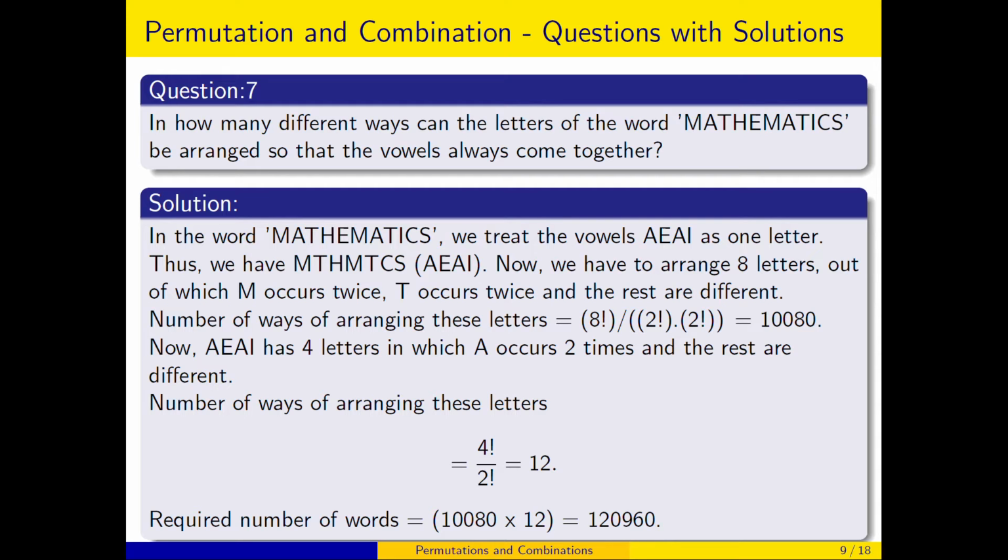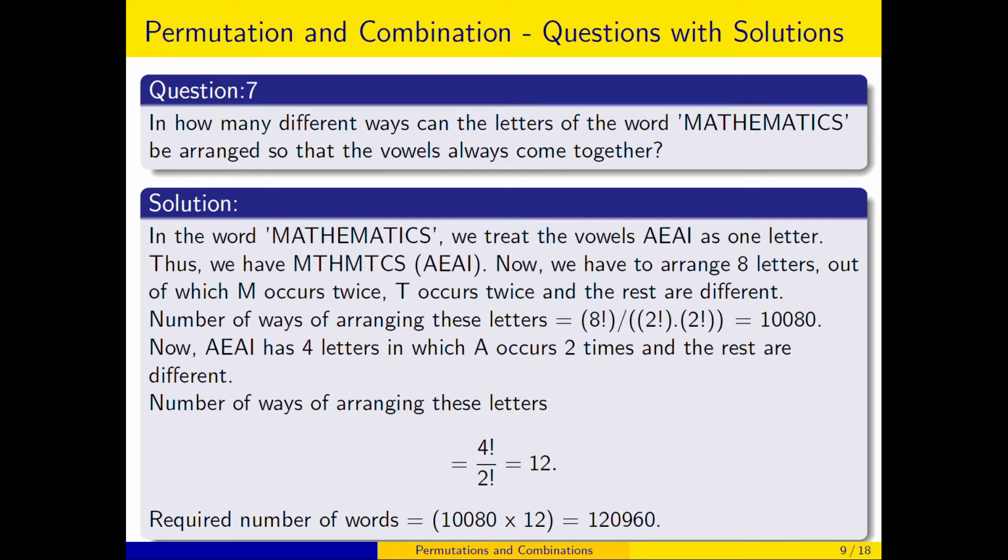Thus, we have M, T, H, M, T, C, S as the consonants and A, E, A, I as the vowels. Now, we have to arrange 8 letters, out of which M occurs twice and T occurs twice and the rest are different. So the number of ways of arranging these letters is 8 factorial divided by 2 factorial into 2 factorial, which is equal to 10,080.